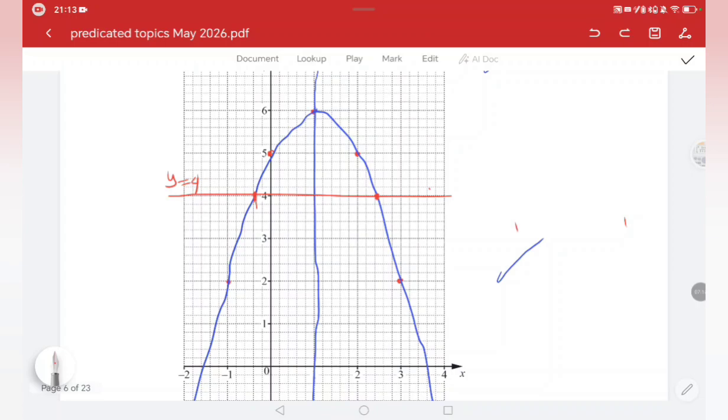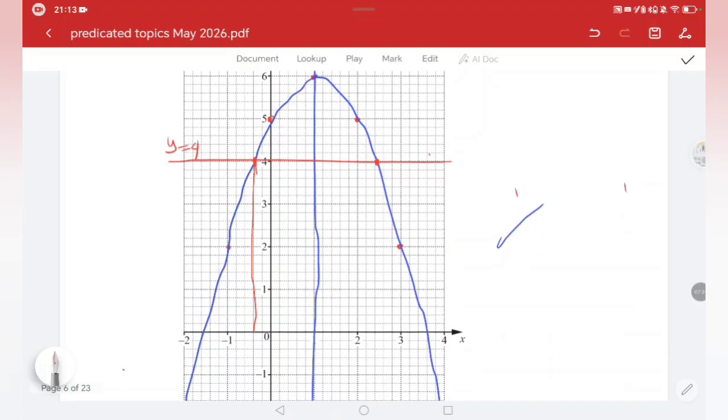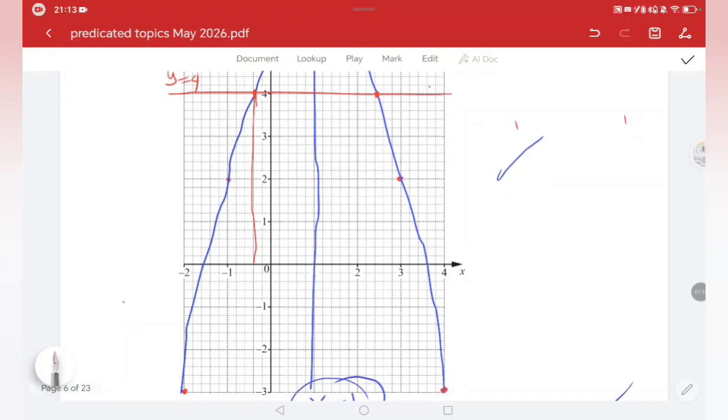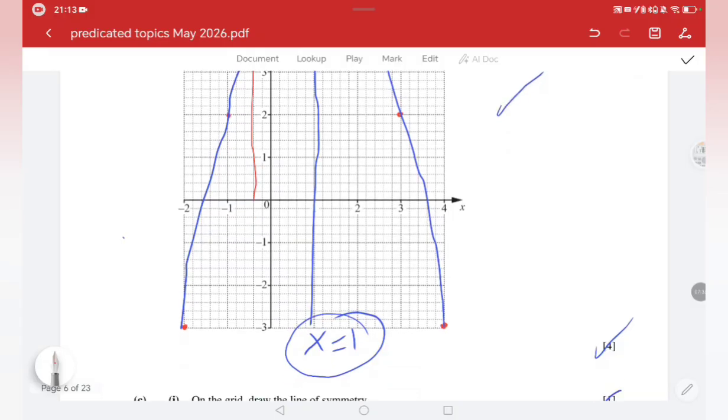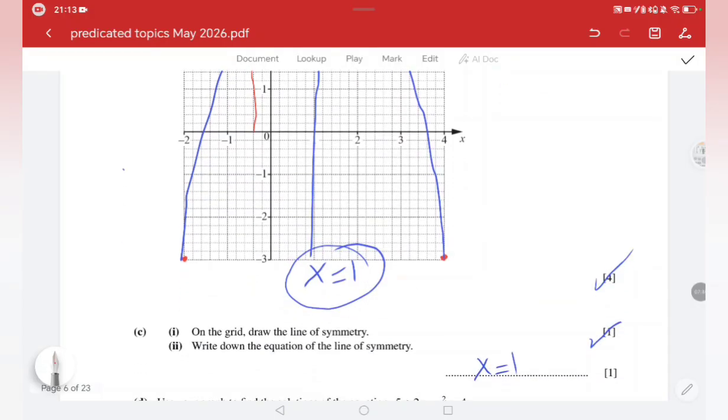If you go down here to see this point, it is approximately negative 0.2, maybe negative 0.3. This graph is not 100% accurate, so the answer should be approximately negative 0.2, negative 0.3, something like that.